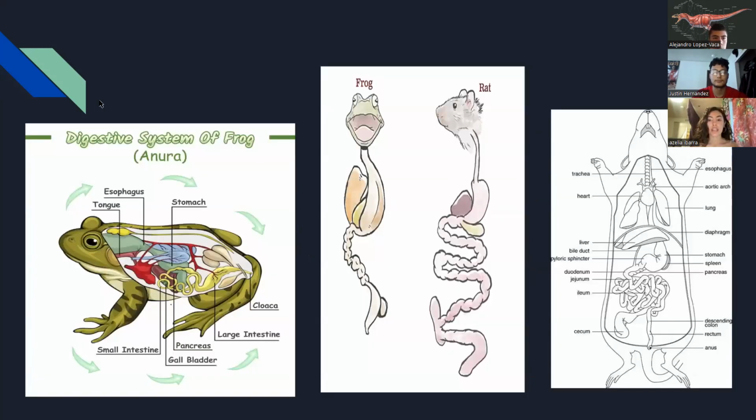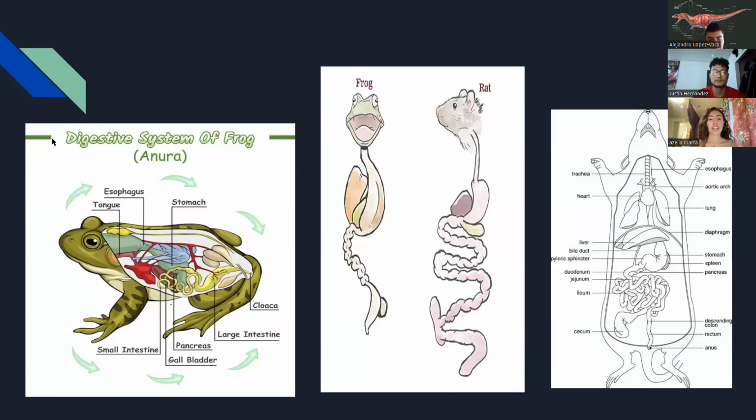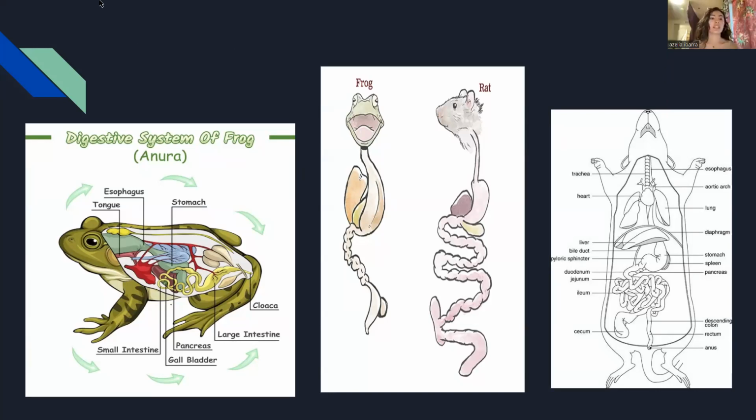So for this slide, you could see there's three different images. The one on the left side is the digestive system of a frog, which has some labels on it like the tongue, small intestines, gallbladder, and just the layout of how a frog is.